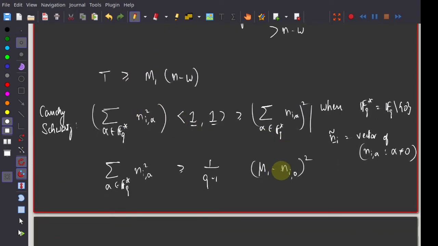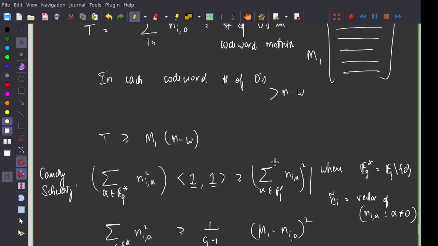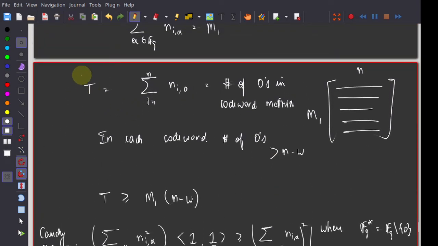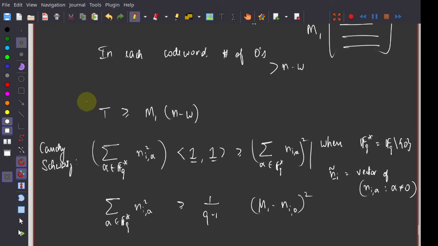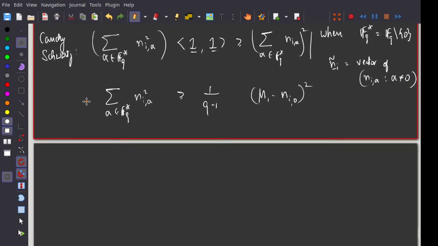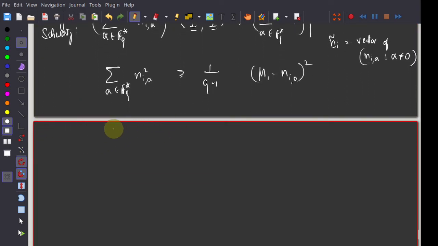But summation overall i of ni0 was basically equal to t. Summation overall i, ni0 square.